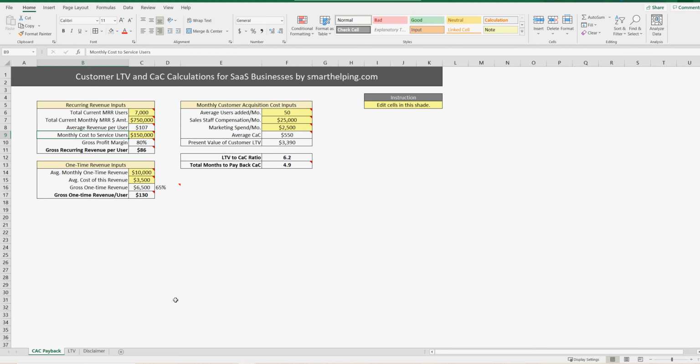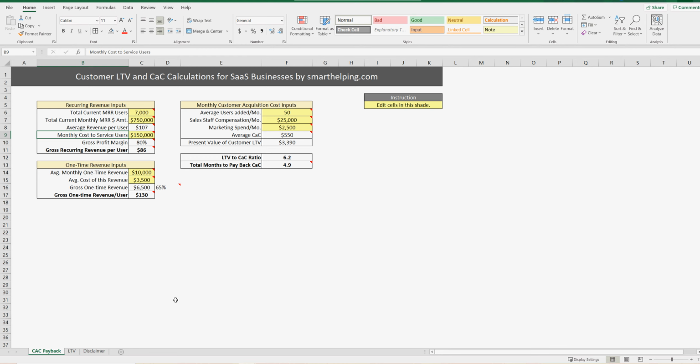It could also be hosting fees for website and different platforms, whatever is essentially monthly recurring expenses that are directly related to being able to have customers continue to operate on your network.